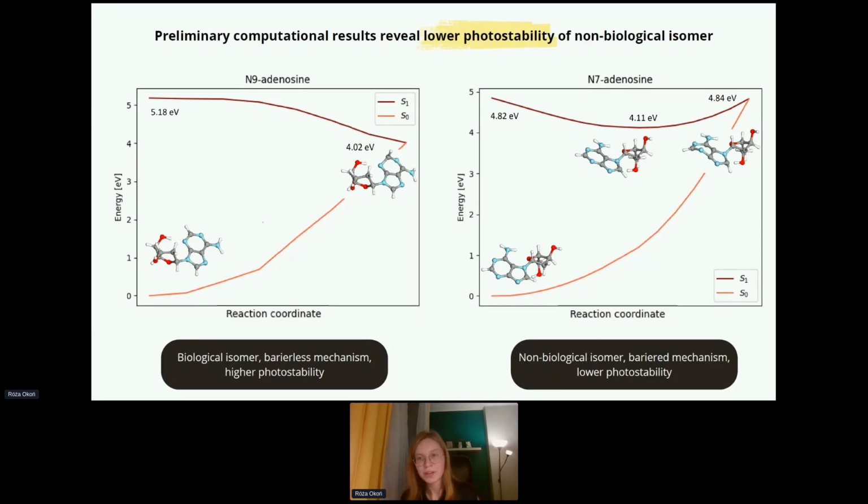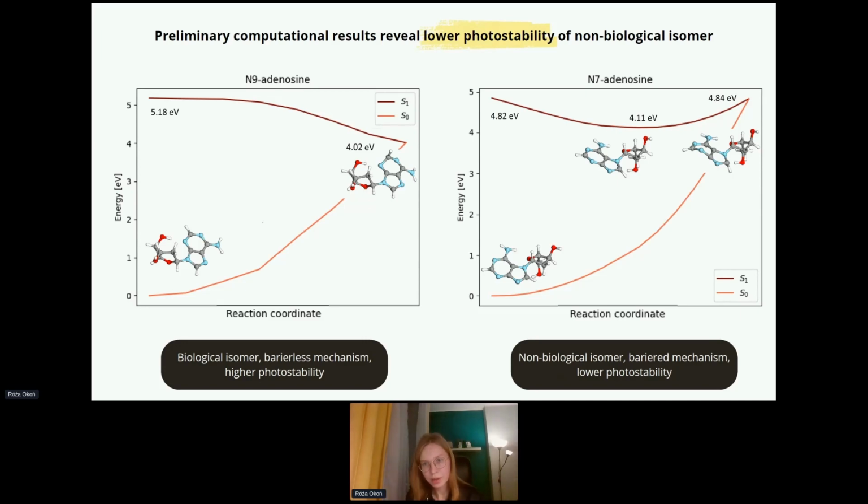Here we observe a deep minimum on the plot of energy, and we also observe an energy barrier which the molecule has to overcome to be able to obtain the geometry needed to get back to the ground state.